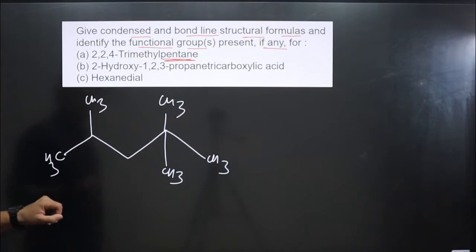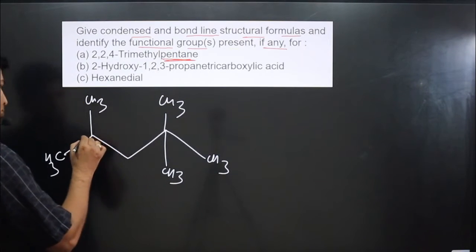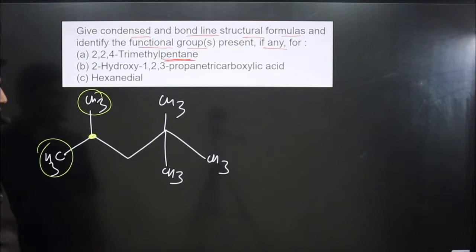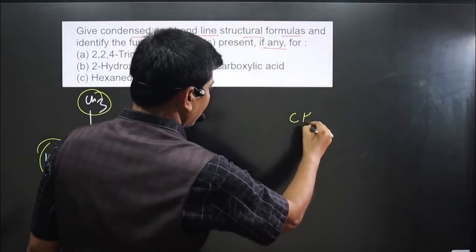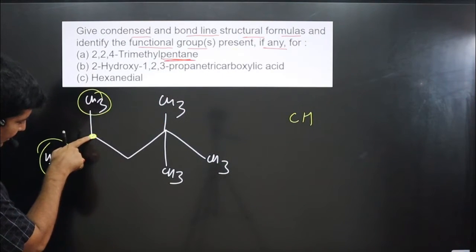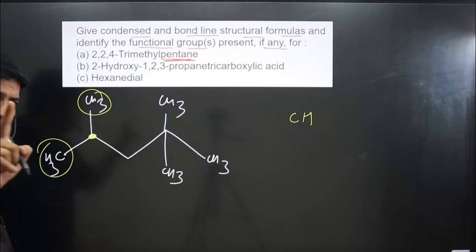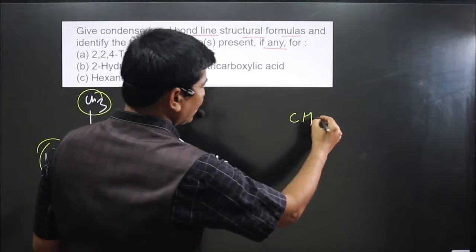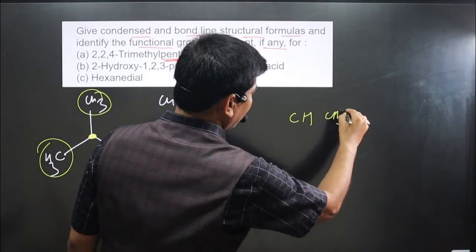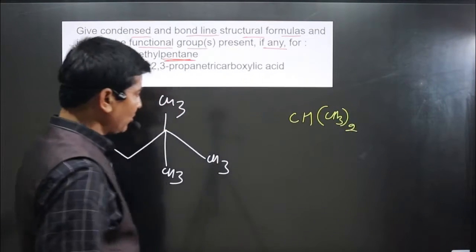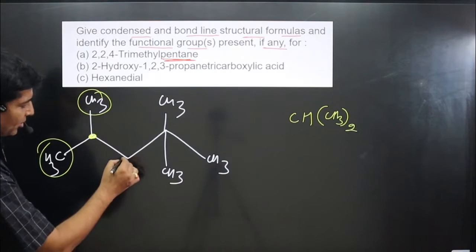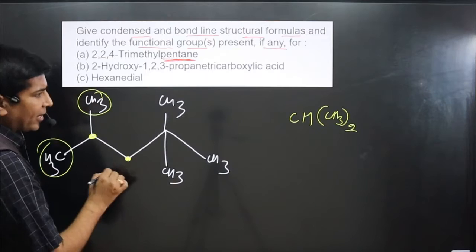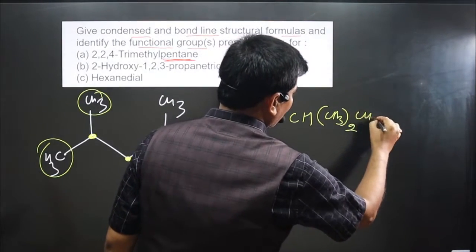To this carbon, 2 alkyl groups are attached, so we write CH, because this carbon is forming only 3 bonds, meaning 1 hydrogen is present, and we mention CH3 whole twice. Next, we have CH2, because this carbon is forming 2 bonds, meaning 2 hydrogens are attached.